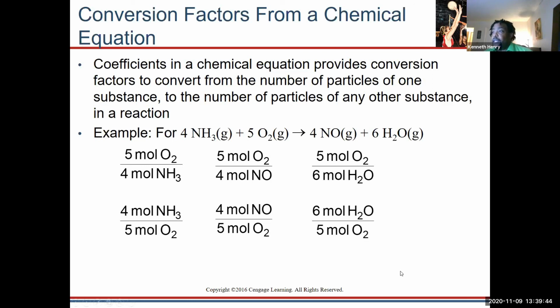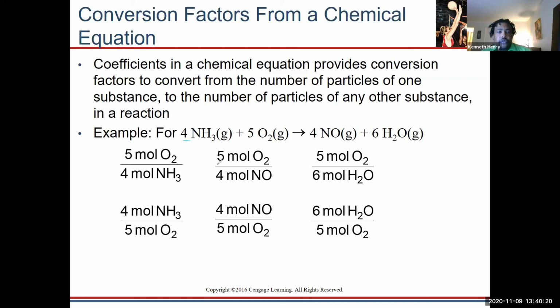And the way that we would do that is we'd use this as a guide. For every 4 ammonia, I need 5 oxygens, 5 to 4. For every 4 ammonia, I can make 4 nitrogen monoxide. For every 5 oxygens, I can make 4 nitrogen monoxide.